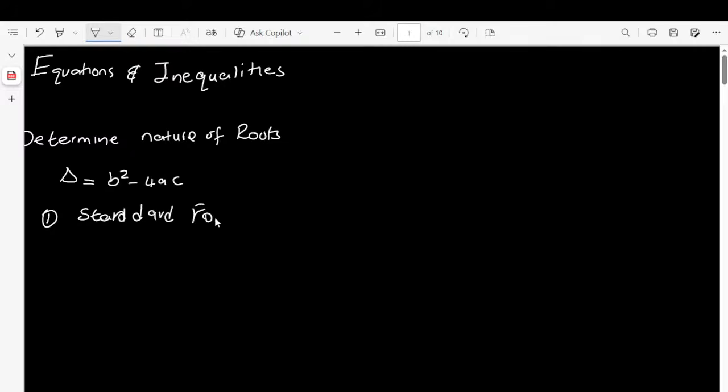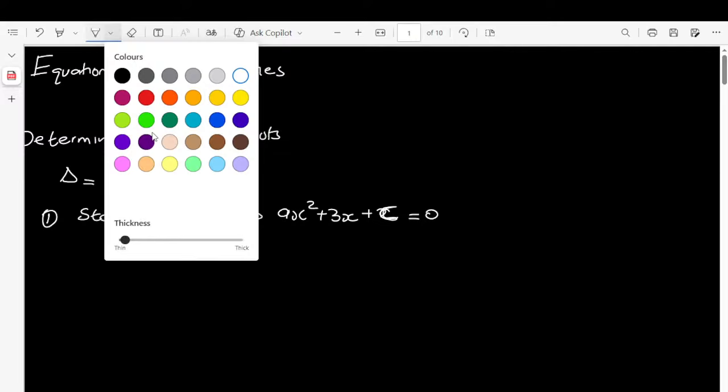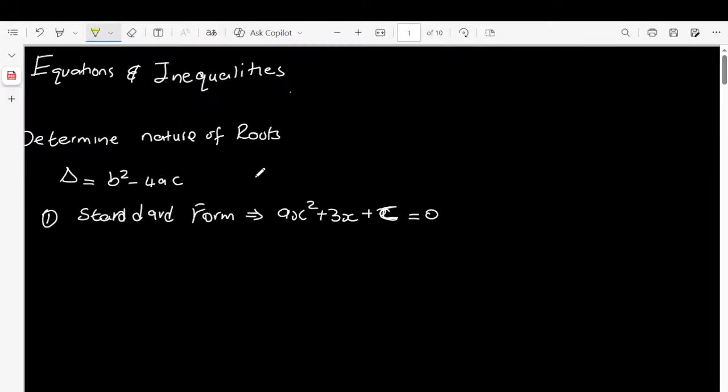When we say standard form, we are referring to the form ax squared plus bx plus c. If you understand what I'm going to explain here, then you won't get the 1.3 question wrong, because most of the time this question is on your paper 1, 1.3.